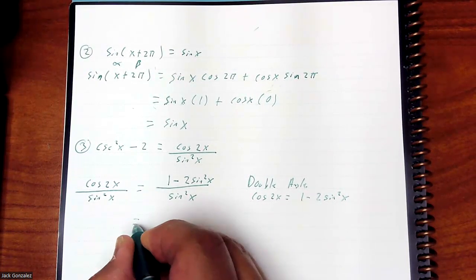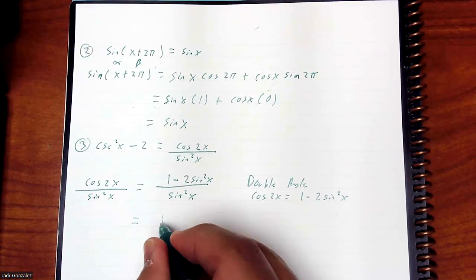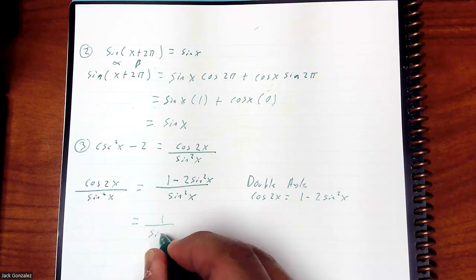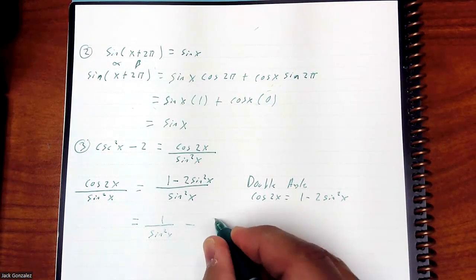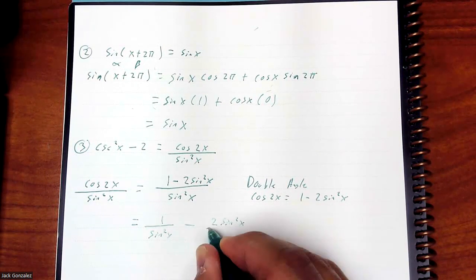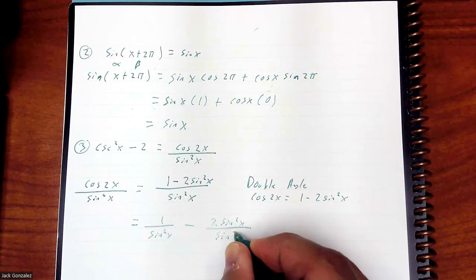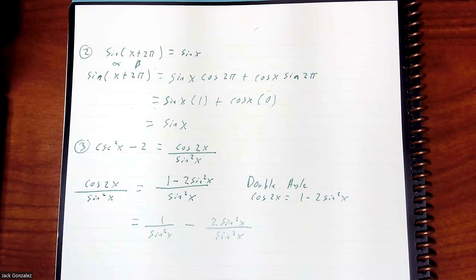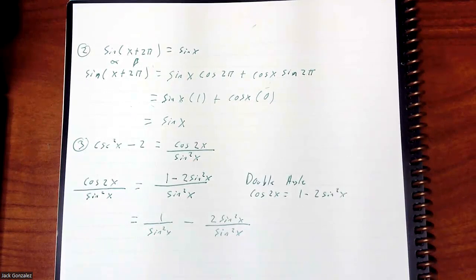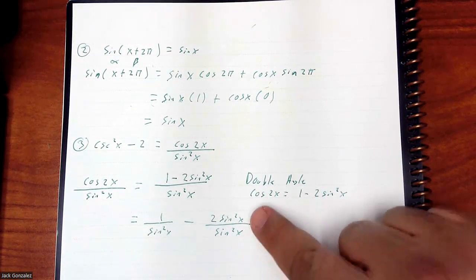So at this point, just separate the fractions. Get 1 over sine squared minus that other thing. Once you separate, you see what's going to happen, right? Is it clear? These will be gone.